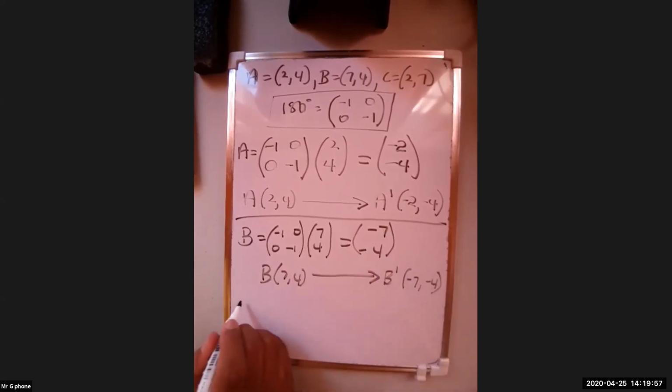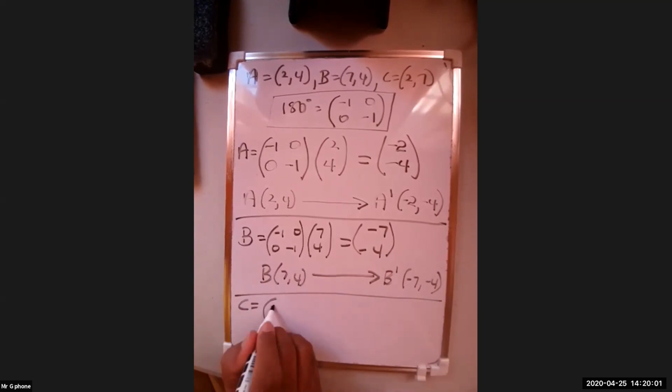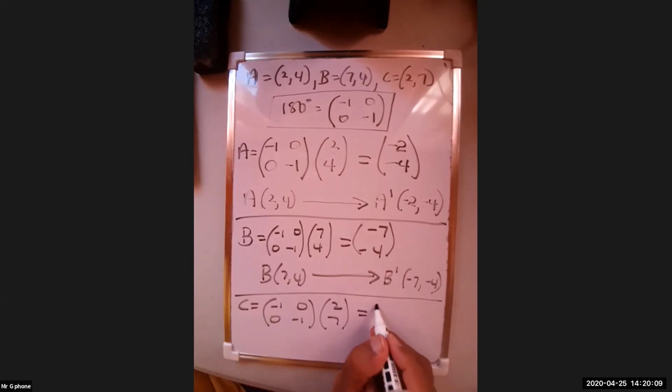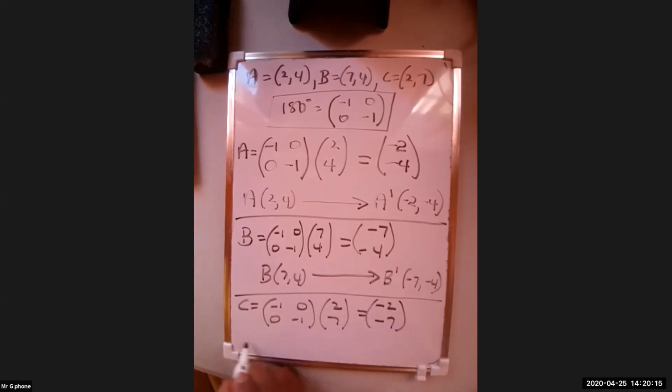And then we have C. Negative 1, 0, 0, negative 1, times 2, 7. Negative 1 by 2 is negative 2, and of course negative 1 by 7 is negative 7. So C, which is 2, 7, underwent a transformation and is now mapped onto C1, which is negative 2, negative 7. Okay?